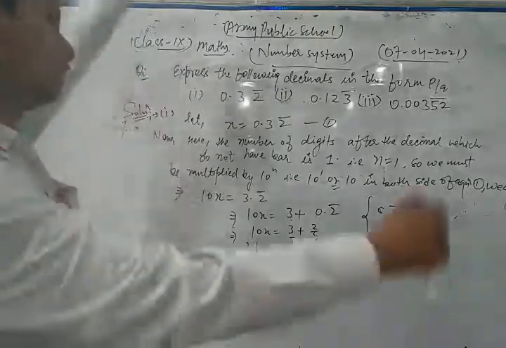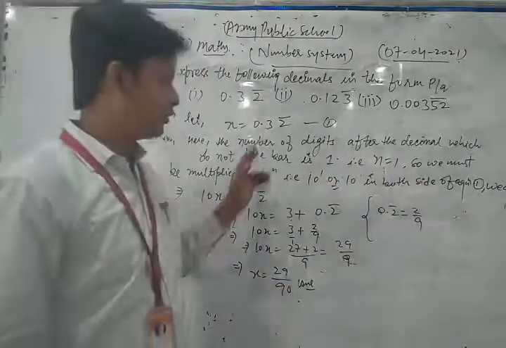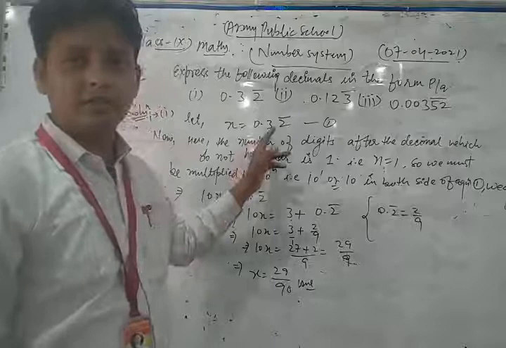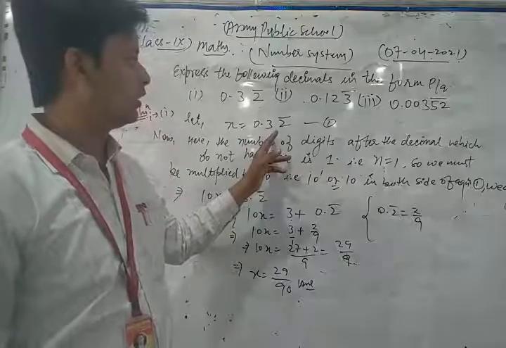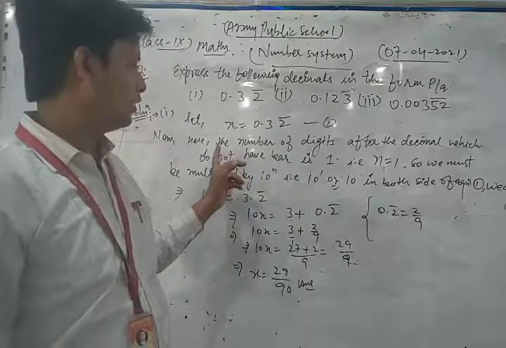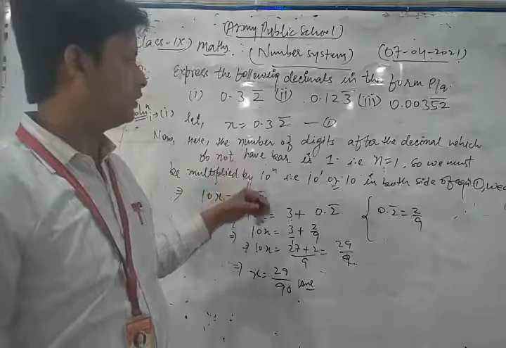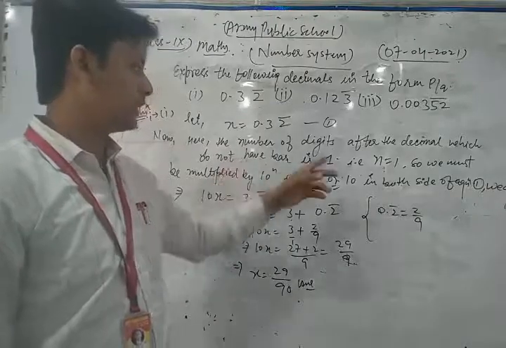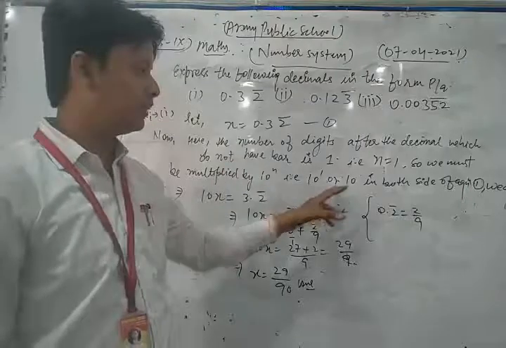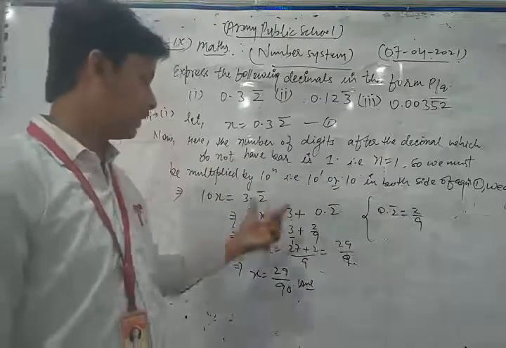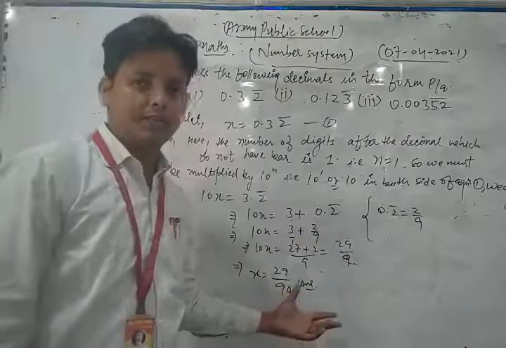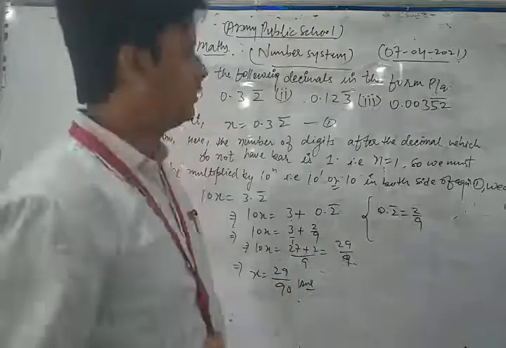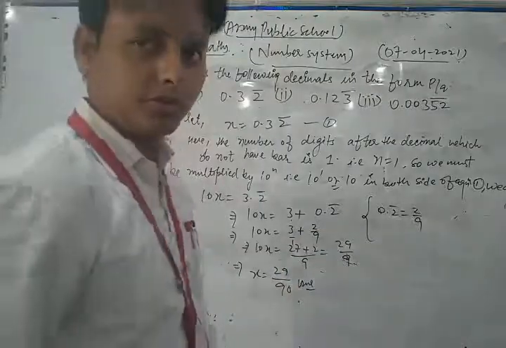Now, first of all, we take x as the given number. After that, we write the number of digits not having the bar, which is 1. So we multiply by 10 to the power n, that is 10 to the power 1, or 10. Then we simplify as in the previous question. Similarly, we take the second and third parts of this question.